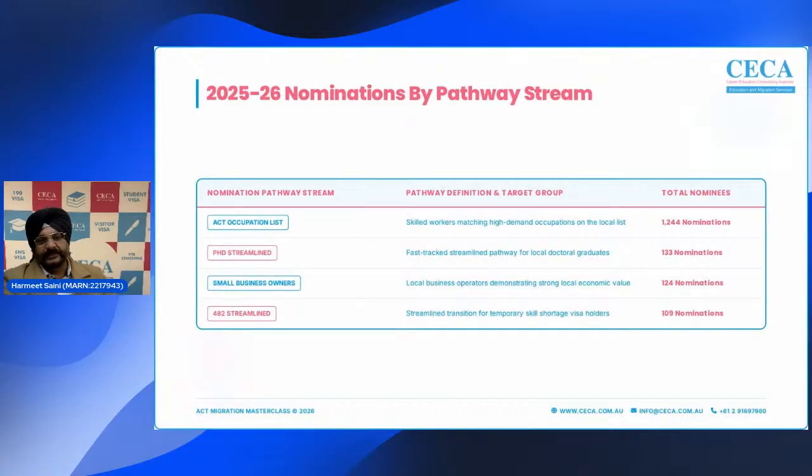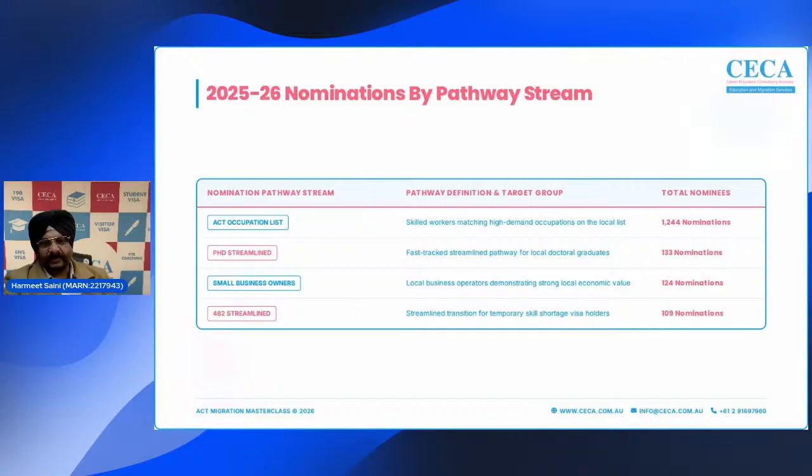In the last financial year, 2025-2026, the main stream pathway was the ACT occupation list, for skilled workers matching high demand occupations on the local list. Under this category, 1,244 nominations were approved.